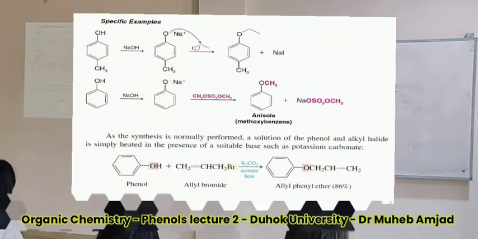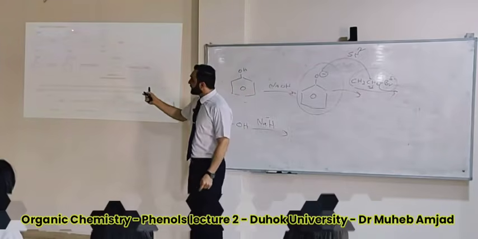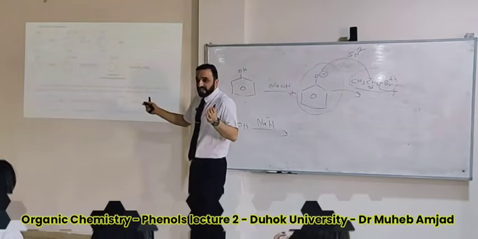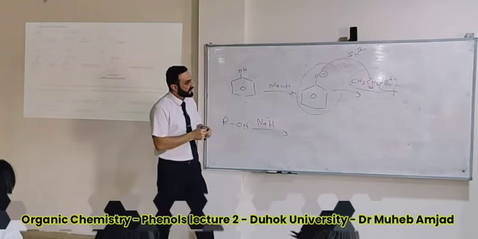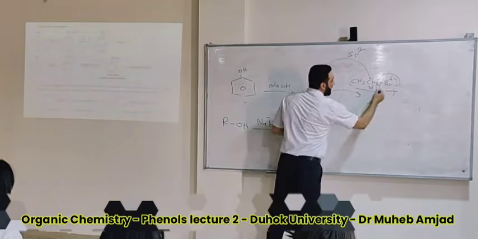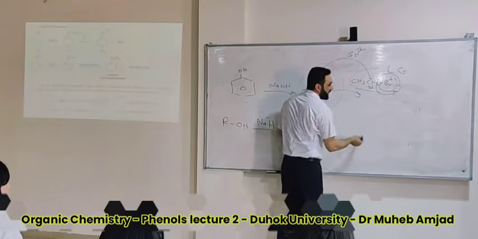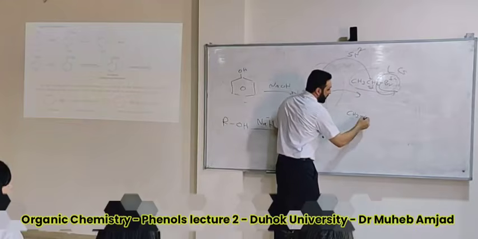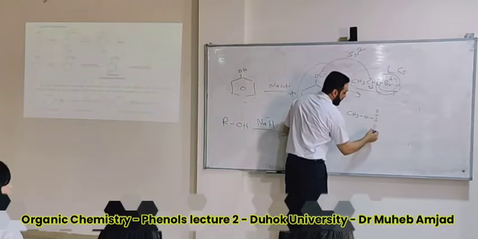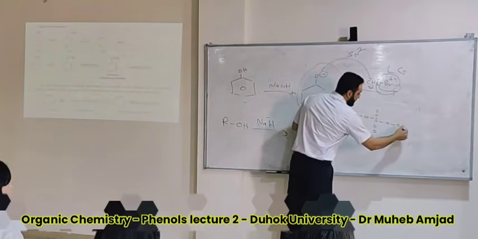The mechanism: NaOH gives you the phenoxide anion. The phenoxide anion attacks the alkyl halide, or also this type of compound. If you have an alkyl halide, the halide is the leaving group. There is another type, the sulfonate, CH3 O S O O O CH3.